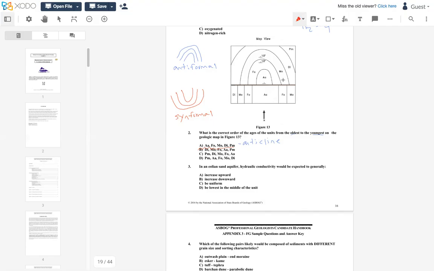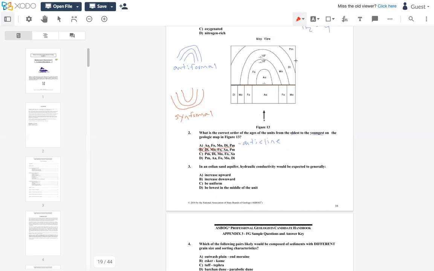So unless we had an antiformal syncline, which I don't think we do, there's the principle of parsimony, that the simplest explanation is probably the most correct. So this is an anticline, this is a syncline, and they're trying to weed out the people who forgot which way anticlines and synclines go. I think that's a reasonable explanation. So we're also going to mark this one out.